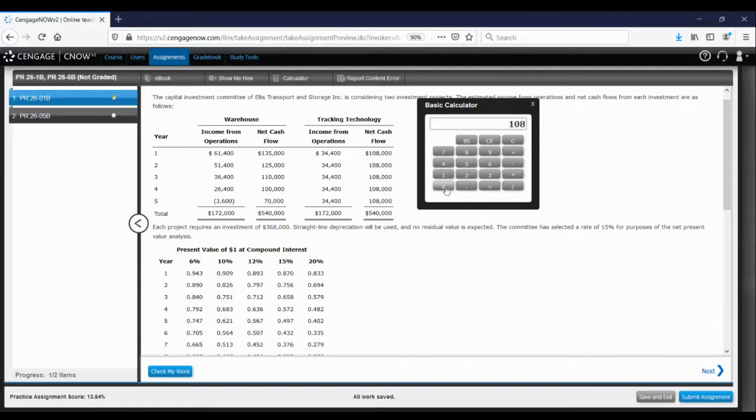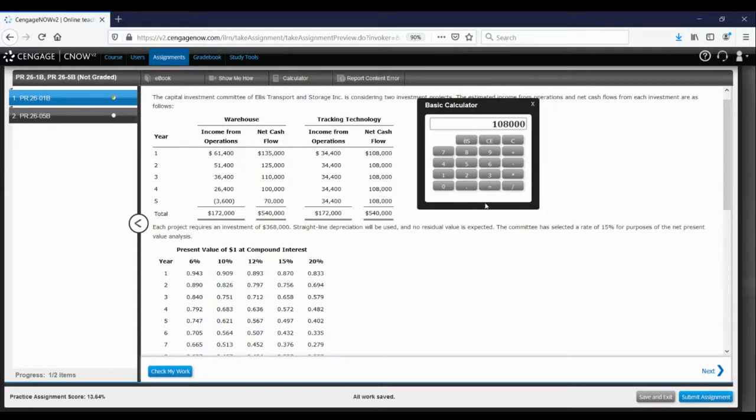So I'm going to take 108,000 and multiply it by 0.870, because this was the year one net cash flow at 15% for one period, or 1 year, I should say, is 0.870.